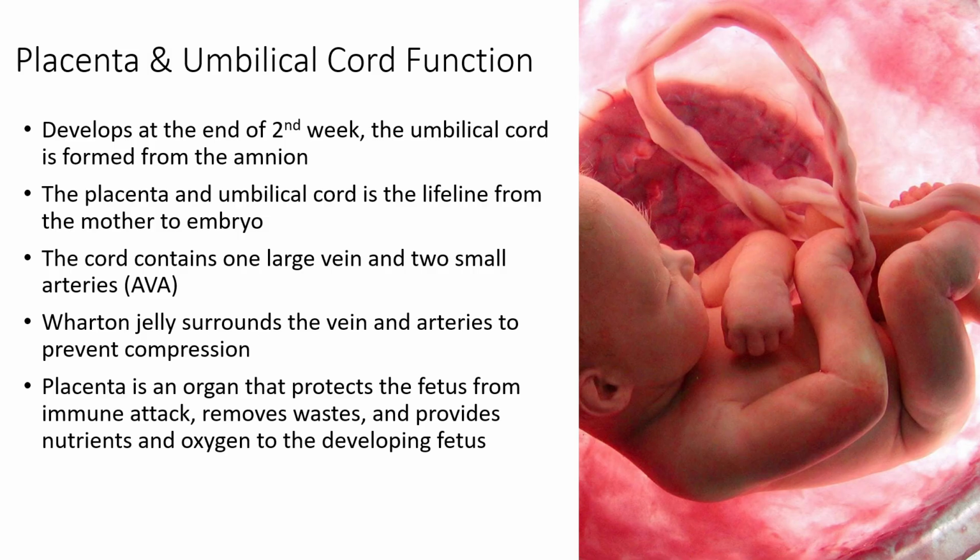The cord itself contains one large vein and two small arteries. I know it's very different in the adult; in the fetal circulation, it is actually the opposite. So, one large vein and two small arteries.